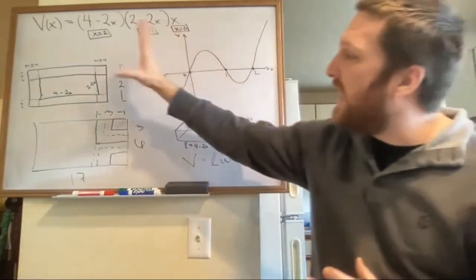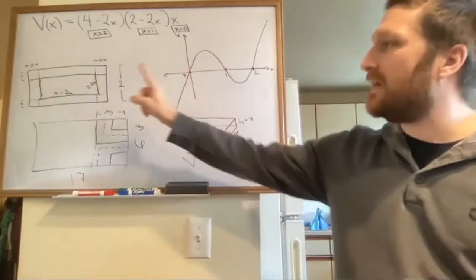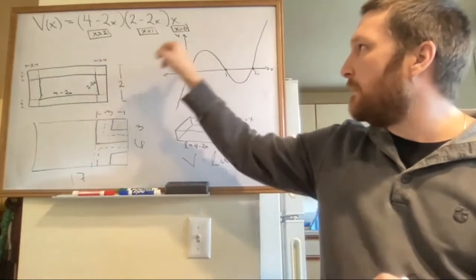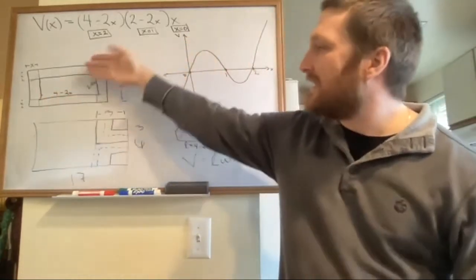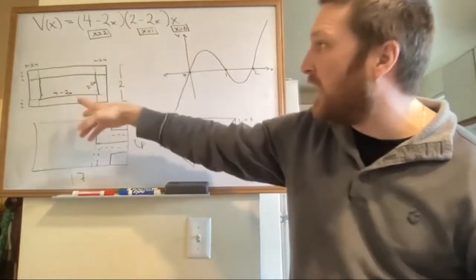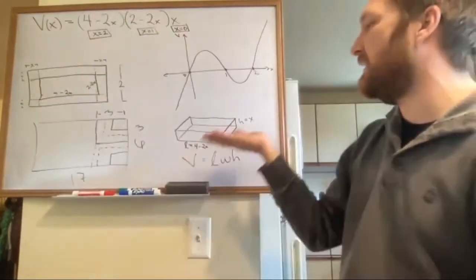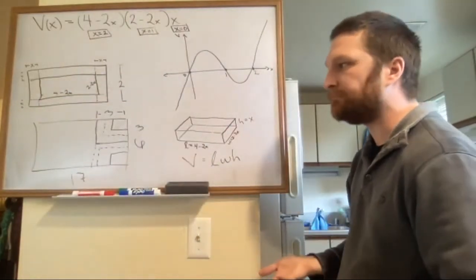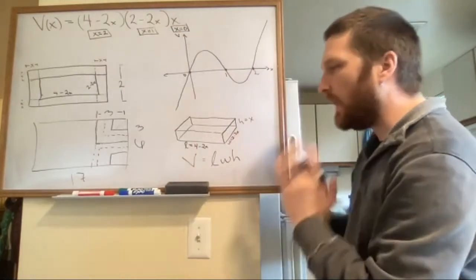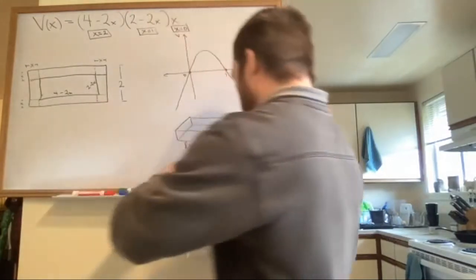And then when I go back to check, I could see that actually makes sense in the problem, that my actual answer has to be between 0 and 1. Because if I make X bigger than 1, or even equal to 1, then I'm just cutting off a side and I can no longer make a box. So it does not make sense. So, okay, all right, moving on.